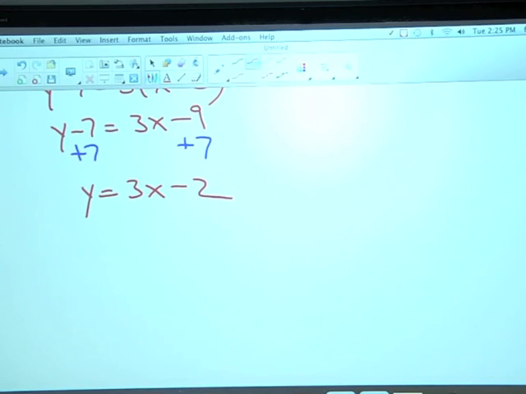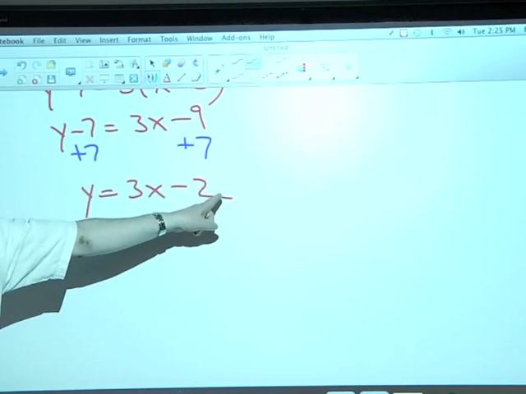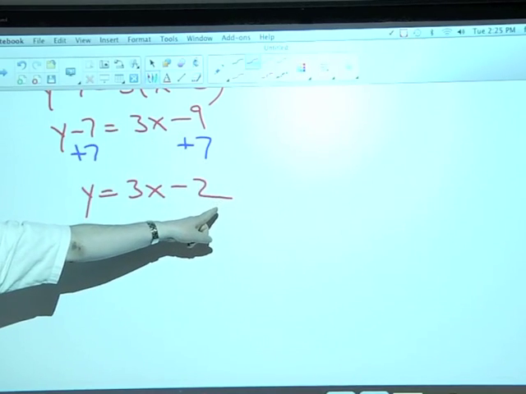So I can go from one form to the other. Now in this case, my slope is 3, my y-intercept is negative 2.